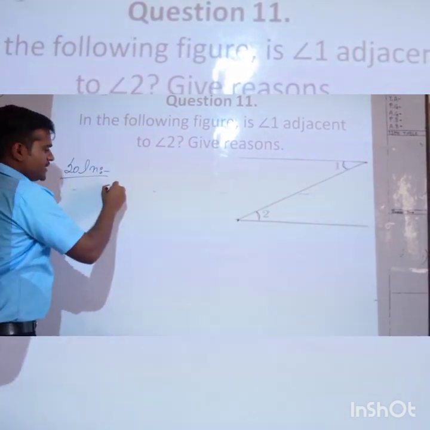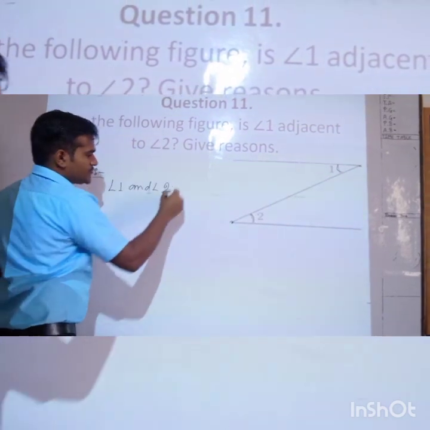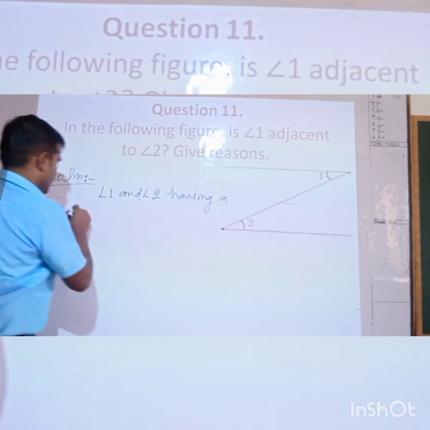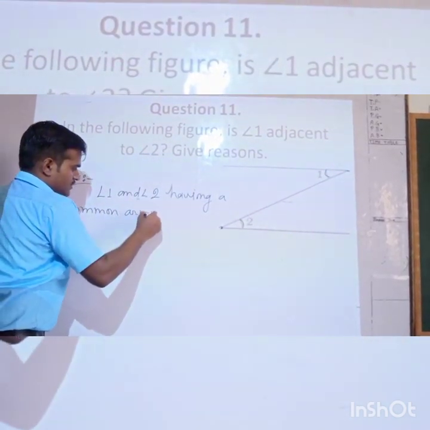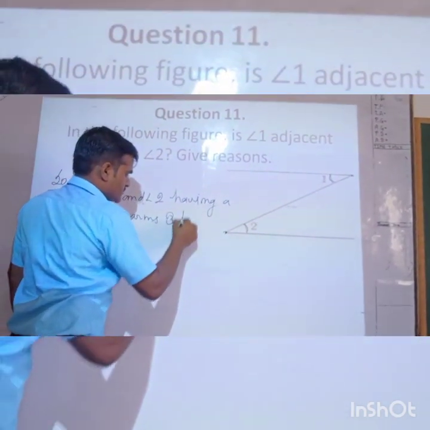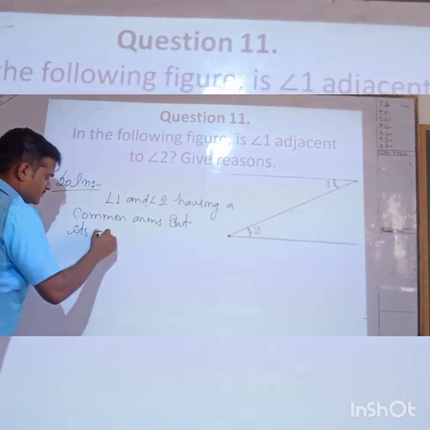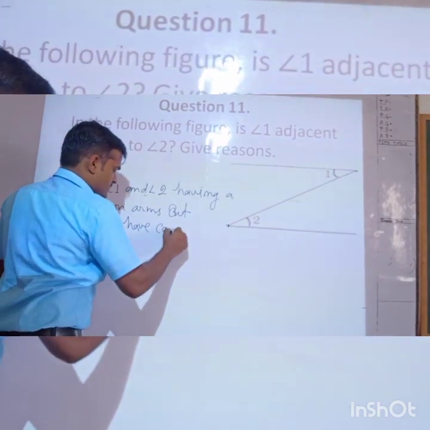So what will you write? Angle 1 and angle 2 have a common arm, but they do not have a common vertex.